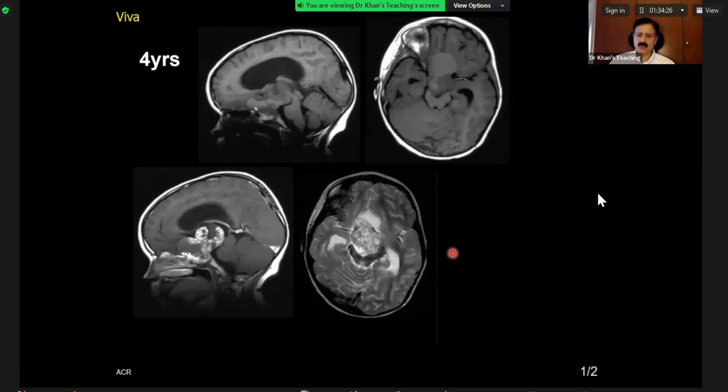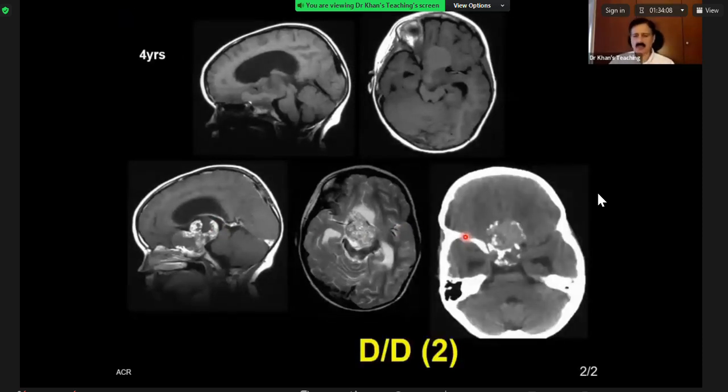And please also remember that a pituitary macroadenoma, radiologically speaking, will not be like this, with this huge cystic component, as well as going superiorly like this with enhancing. And this particular lesion also has a bit of calcification.